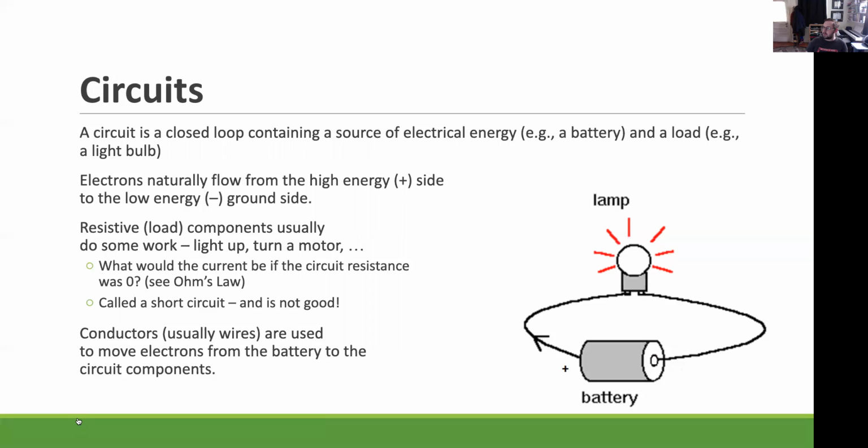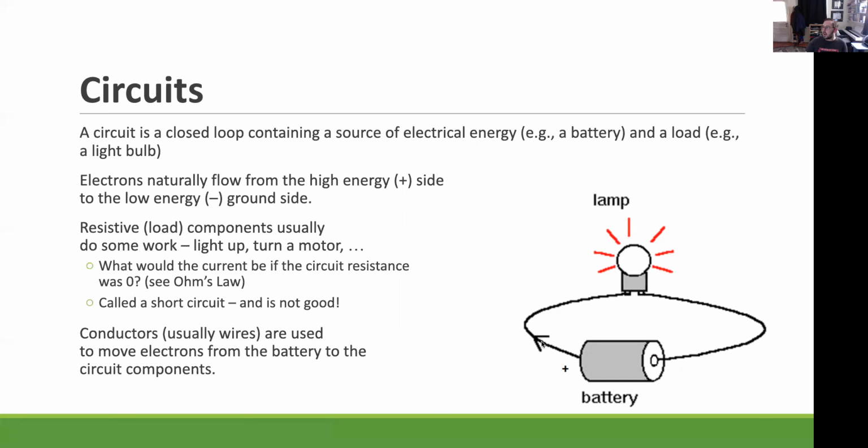Electrons naturally flow from the high energy side to the low energy side, which is also called ground. You'll notice that diagram is illustrated right here. You got the plus side moving around, indicated with the arrow there.